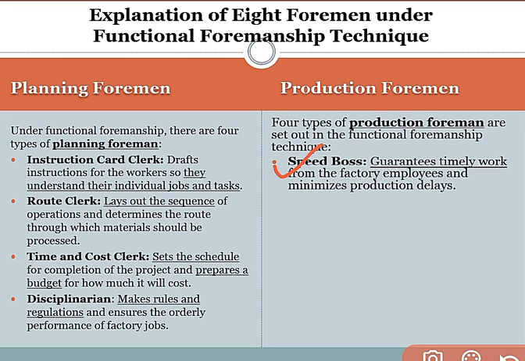So this foreman, the speed boss, is responsible for guaranteeing timely working by the workforce in the organization, and he works on minimizing delays and increasing the speed of the workers at the workplace.